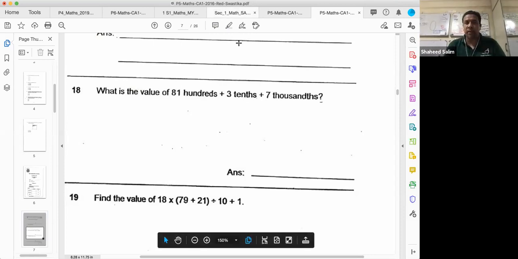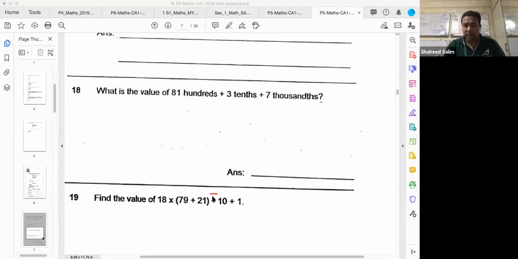Okay, and for the next question, I will indicate which one is a divide sign. Only this one is a divide sign. This one is a plus sign, this one is a plus sign, and this one is a time sign. You can see this.